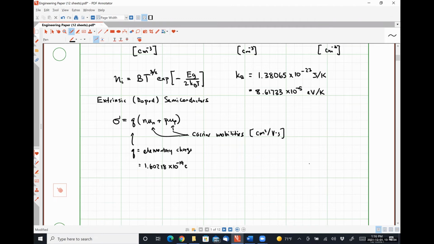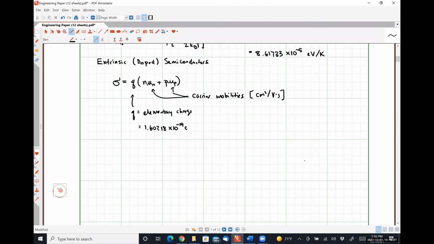So if we dope with group 3 elements, like boron, gallium, or aluminum, we are introducing acceptor impurities.